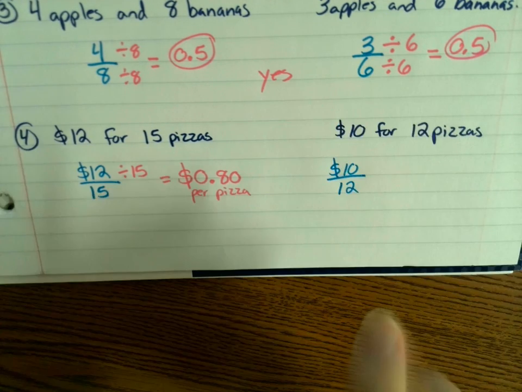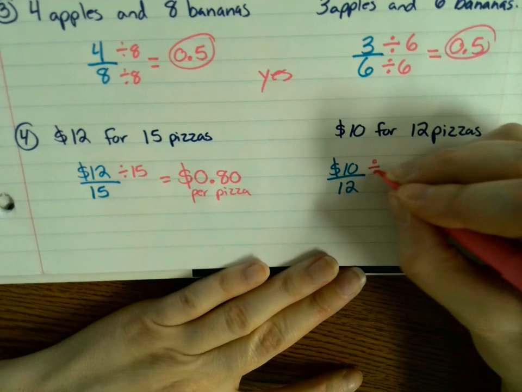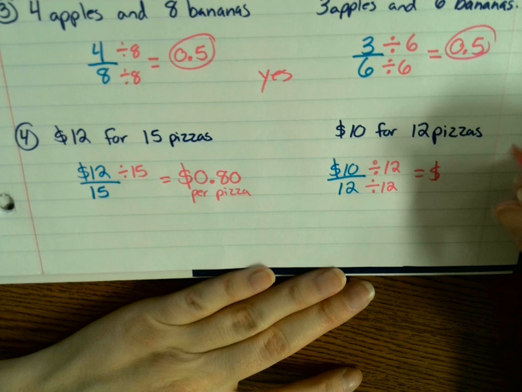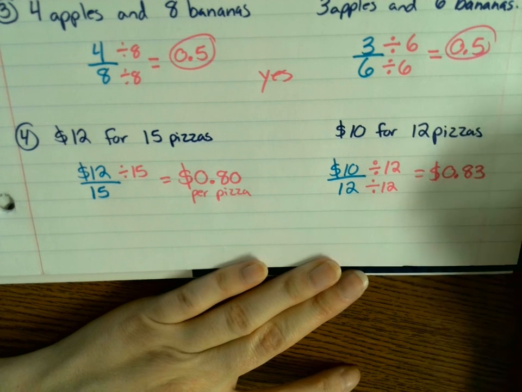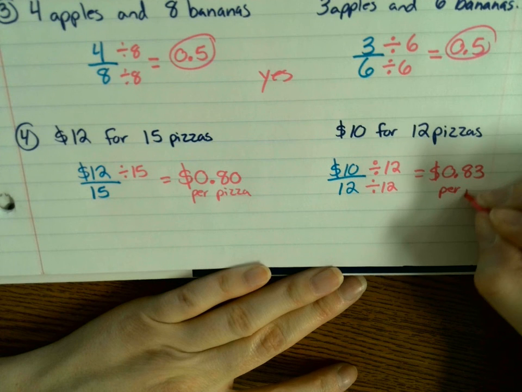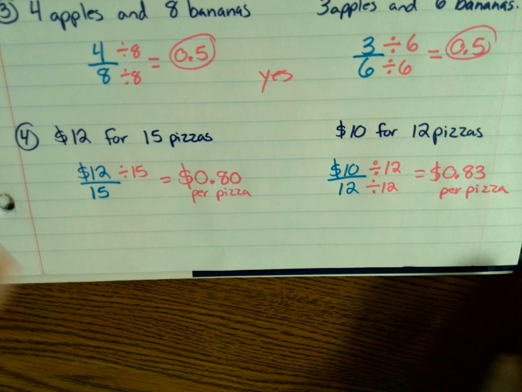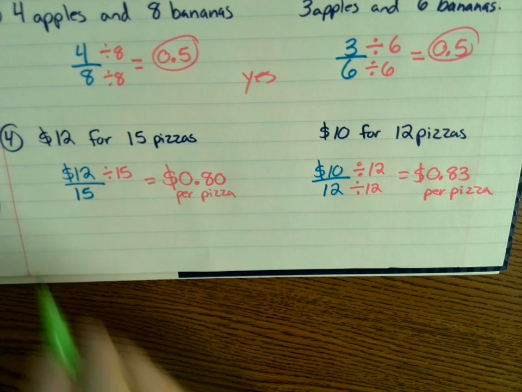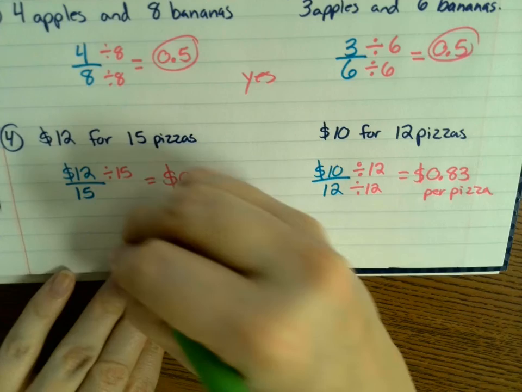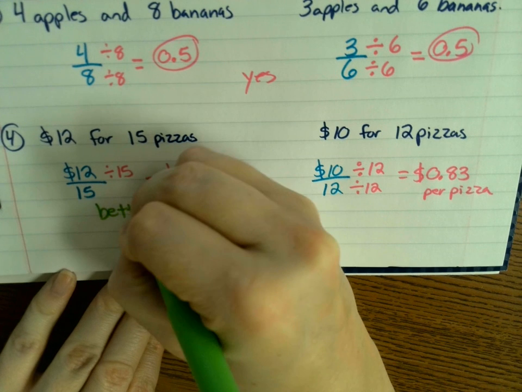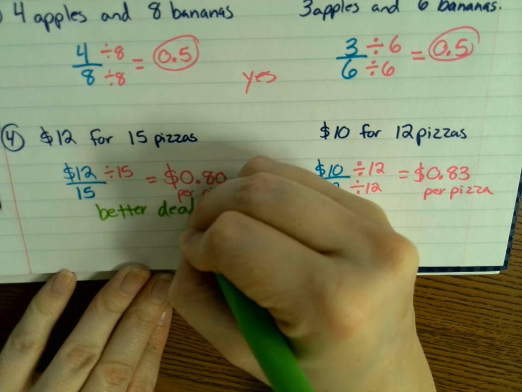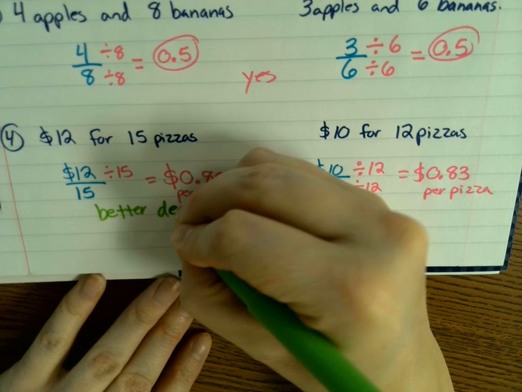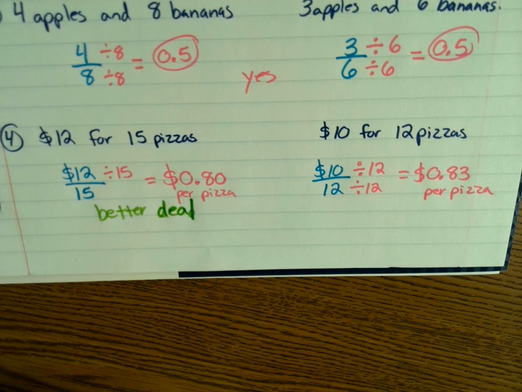What's 10 divided by 12 going to come out to? 0.83, right? That's equivalent to about 83 cents per pizza. So are they the same? No. Which one's the better deal? The 80-cent one, so the $12 for 15 pizzas. This one is the better deal because it's cheaper. Remember, we talked about that. If you want a good deal, you go for what's cheaper. Although if you're getting pizza for that cheap, you might as well just throw up instead.